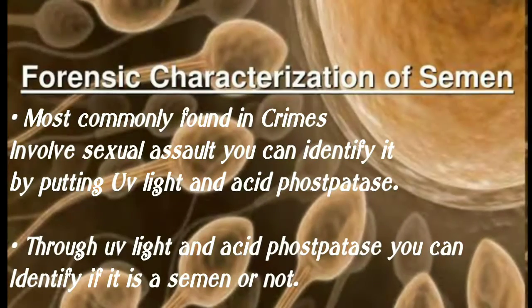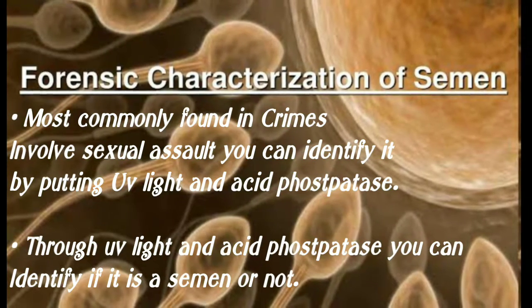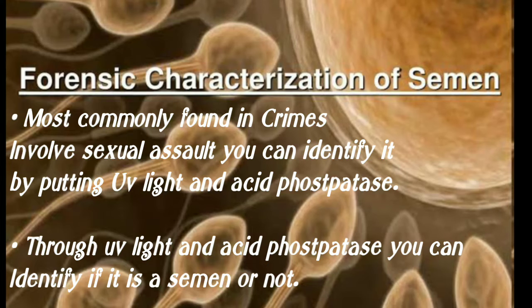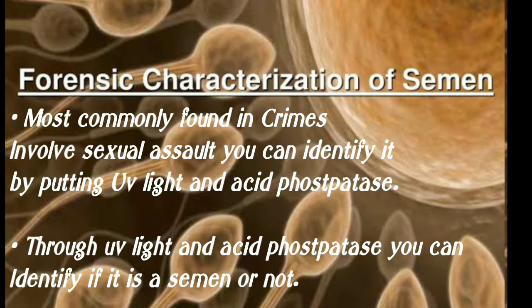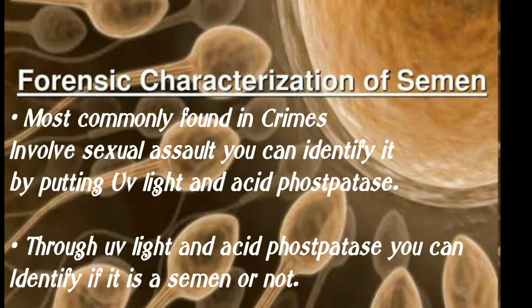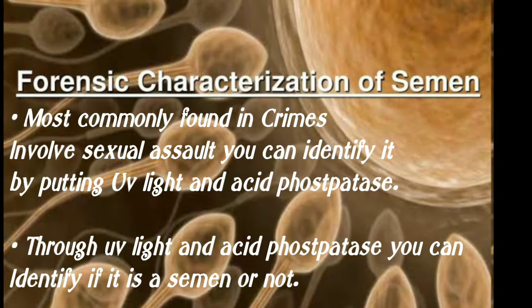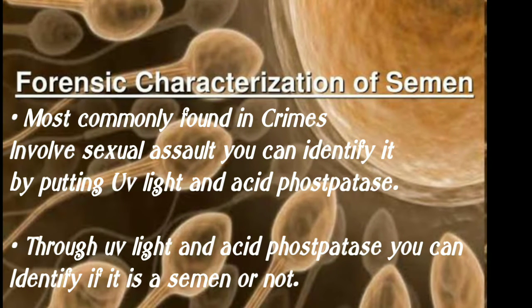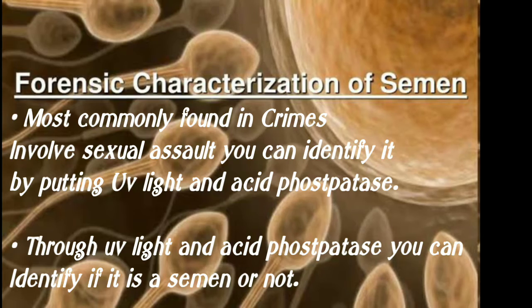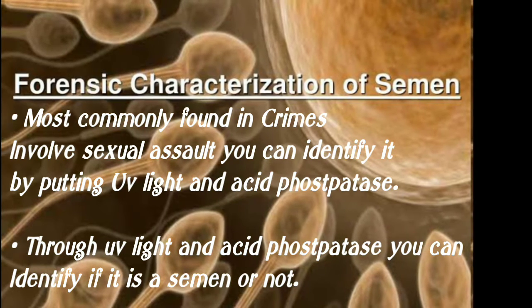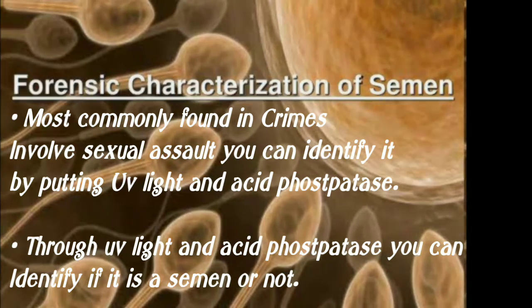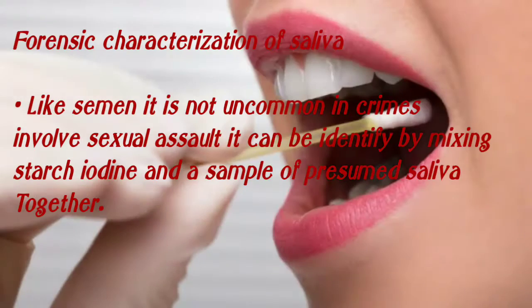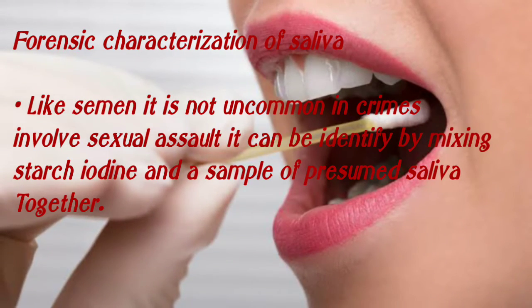Let's go to the forensic characterization of semen. Most commonly found in crimes involving sexual assault. You can identify it by using UV light and acid phosphatase. Through UV light and acid phosphatase, you can identify if it is semen or not. Forensic characterization of saliva.